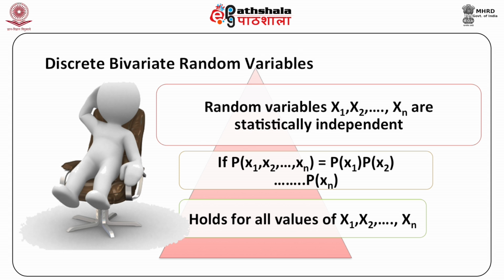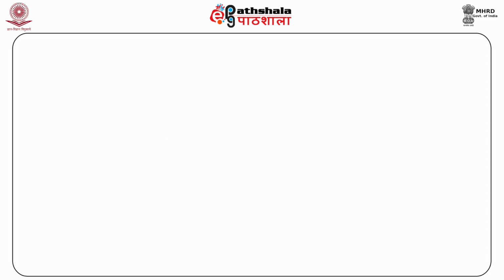Thus, P(X = 1) times P(Y = 0) is equal to 3 by 8 multiplied by 1 by 2, which is equal to 3 by 16, which is not equal to 1 by 4. If P(x|y) is not equal to P(x), then P(y|x) is not equal to P(y). Thus, the two random variables X and Y are dependent.